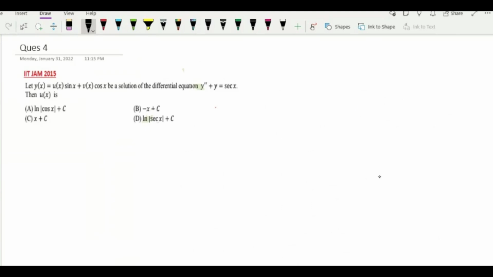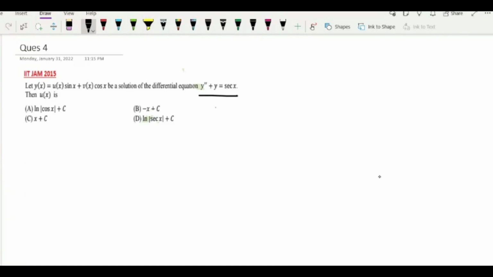The next question is from IIT JAM 2015. Let y(x) is equal to u(x) sin x plus v(x) cos x be the solution of the differential equation y double dash plus y is equal to secant x. Then u(x) is what?